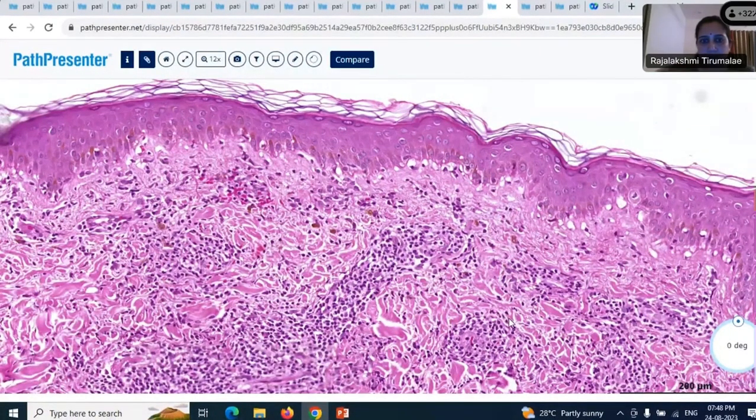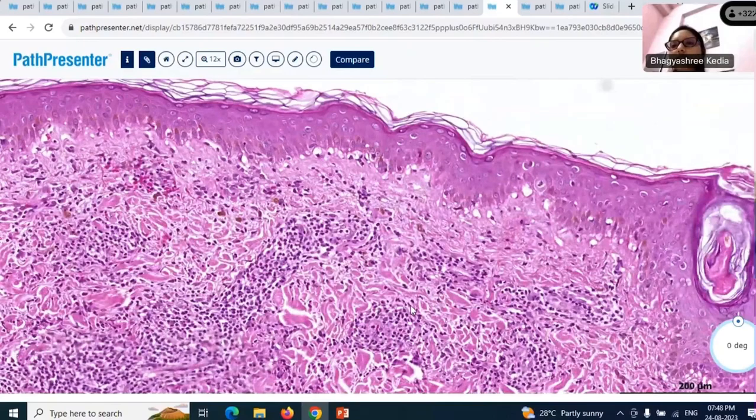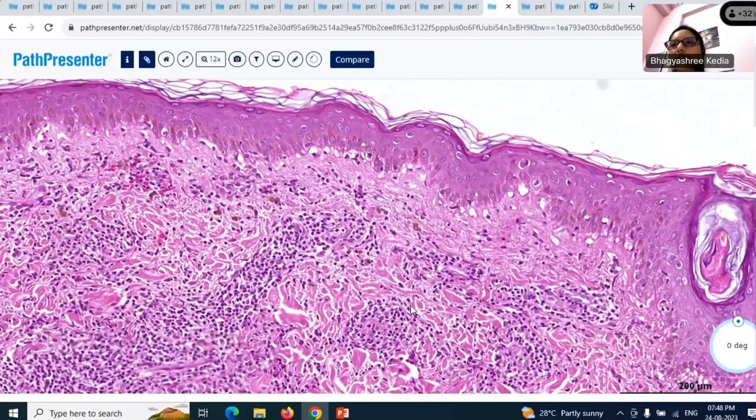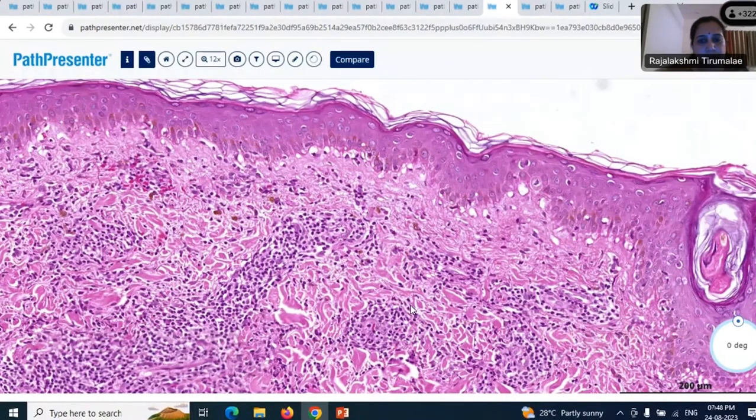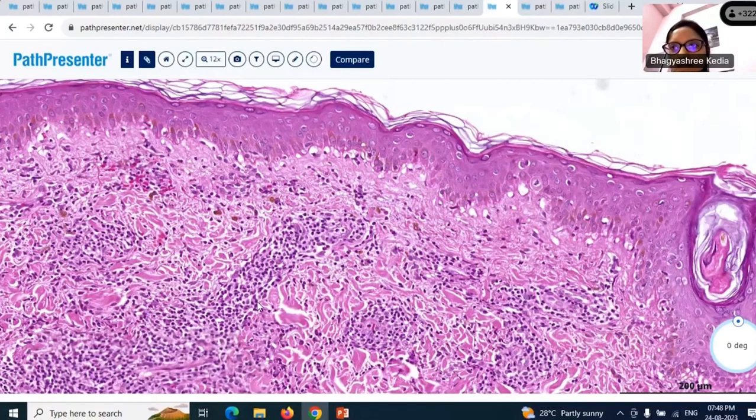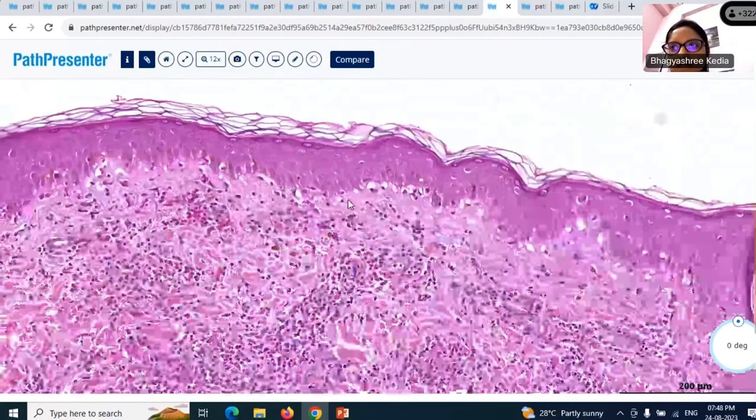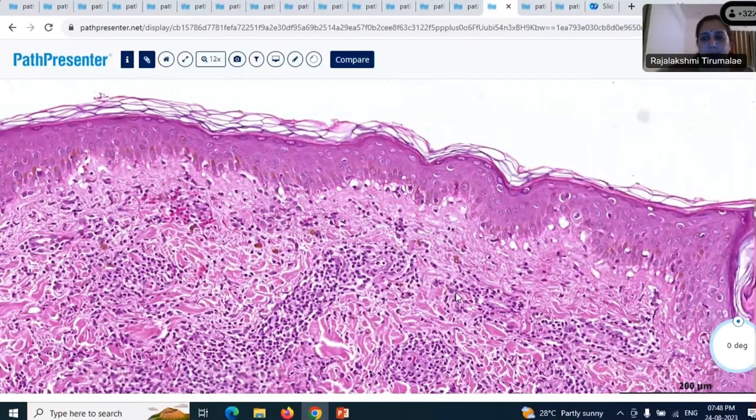Basket weave appearance. Okay, that's about the stratum corneum, but what about the epidermis? I'm showing you something in this field. Can you identify what the change is? Here, can you see my arrow? Do you think the thickness of the epidermis is normal?